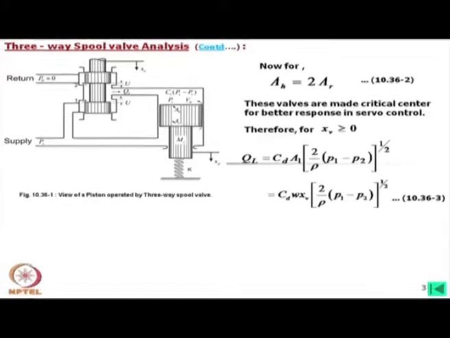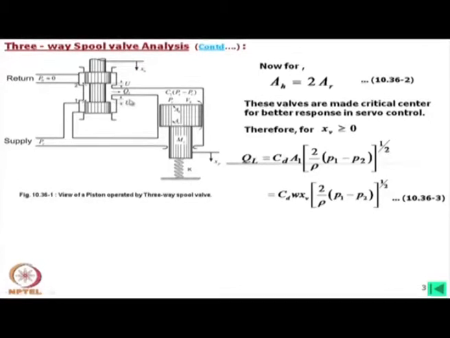Now, W is written in general terms, sometimes instead of this continuous groove, some rectangular holes are provided.